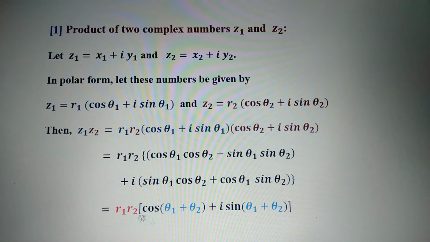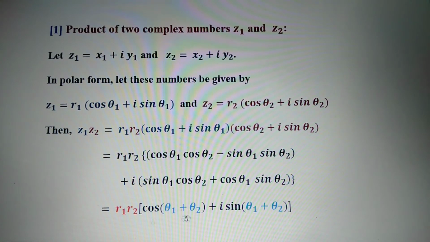Now this is again a complex number whose modulus is r1 into r2, because if you compare this with r cos theta plus i sin theta, here r is r1 into r2 and theta is theta 1 plus theta 2.